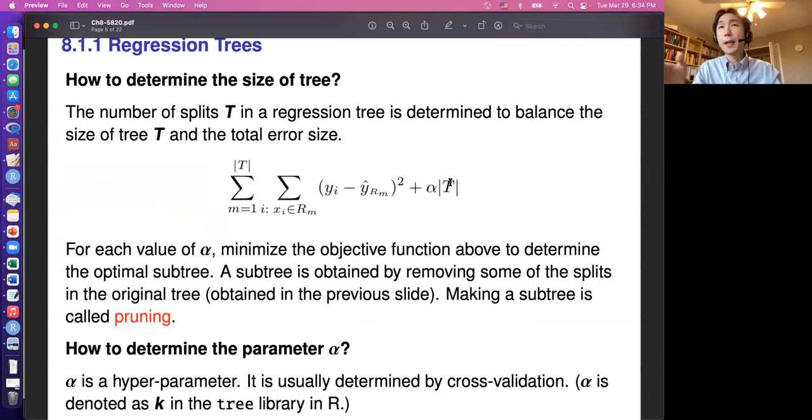If alpha is 0, then there is no penalty. So a larger tree is better because we separate more cases. So the size of the tree blows up. So with small alpha, there is less penalty, so a larger tree. With large alpha, the tree gets smaller. And somewhere in between, we should have an optimal alpha.